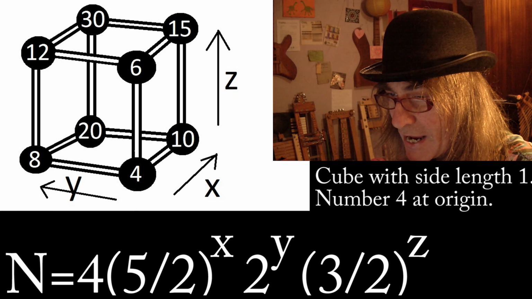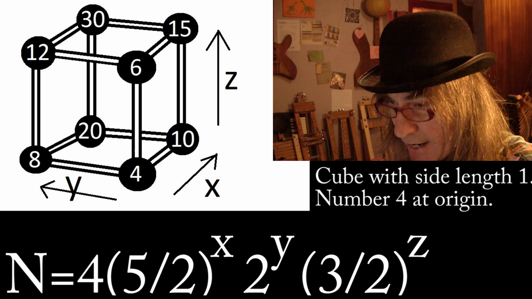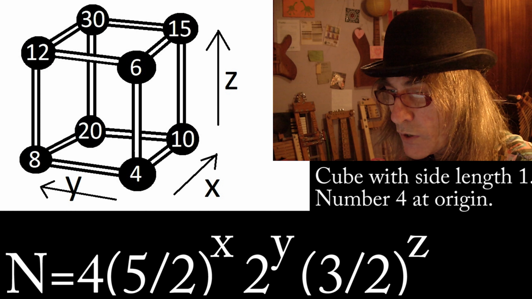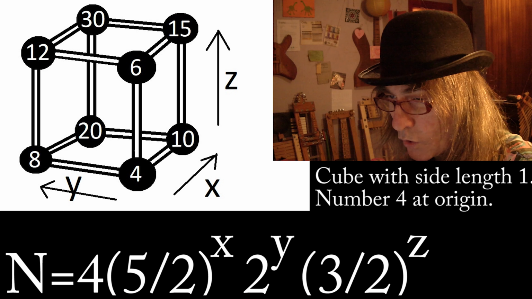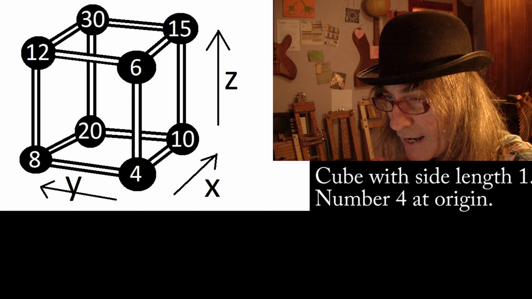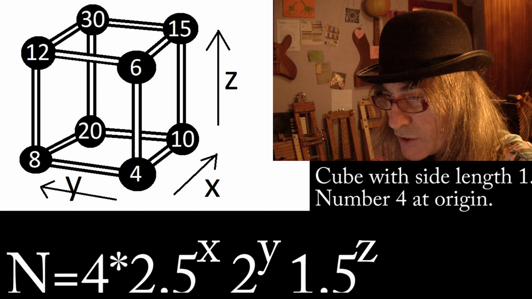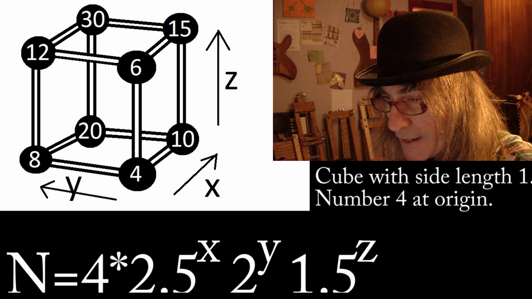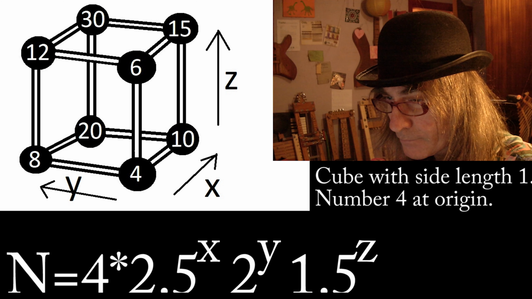Specifically, n equals 4 times 5 halves to the power of x times 2 to the power of y times 3 halves to the power of z. Or, in decimals, n equals 4 times 2.5 to the power of x times 2 to the power of y times 1.5 to the power of z.